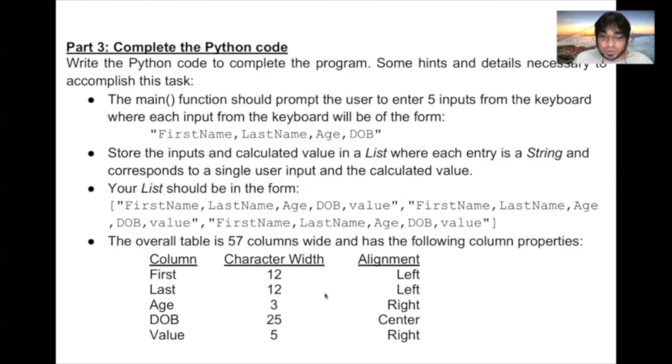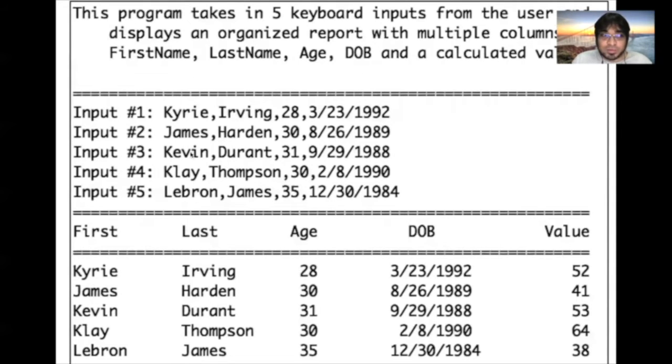And another important thing that some of you have missed, or maybe I have missed myself, is that the overall table is 57 columns wide, meaning it's horizontally 57 characters long. And why is that important? That is important in figuring out how long this line would be, or how long this title should be centered at. So that number 57 comes in handy in this specific case.